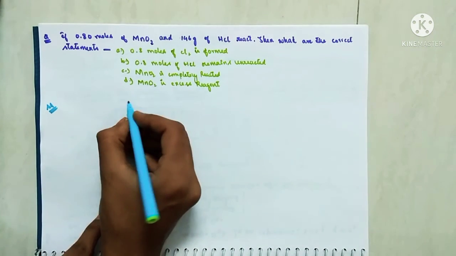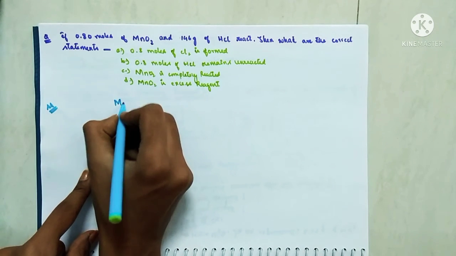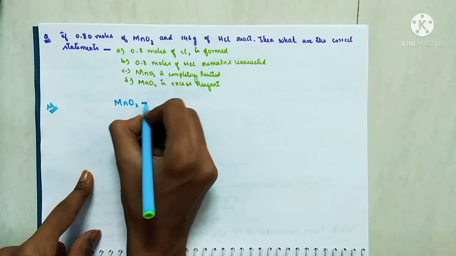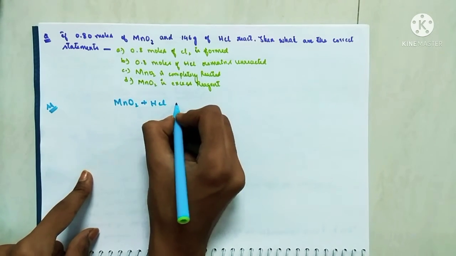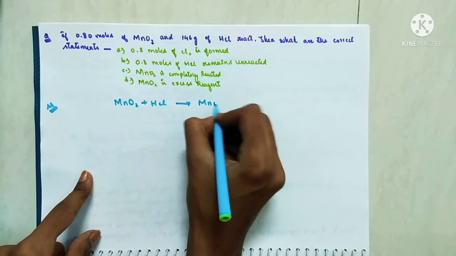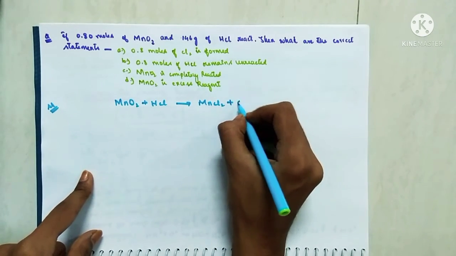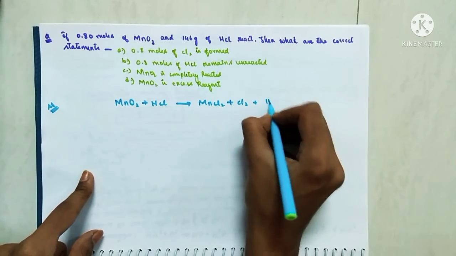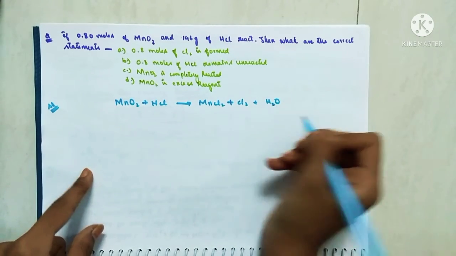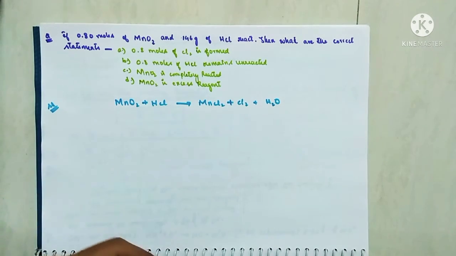First, we write the equation: MnO2 plus HCl gives rise to MnCl2 plus Cl2 plus H2O. Actually, this equation is not balanced, so we must balance it.